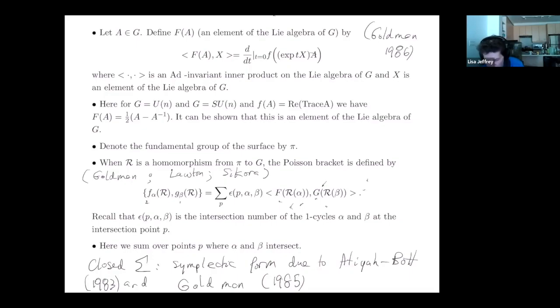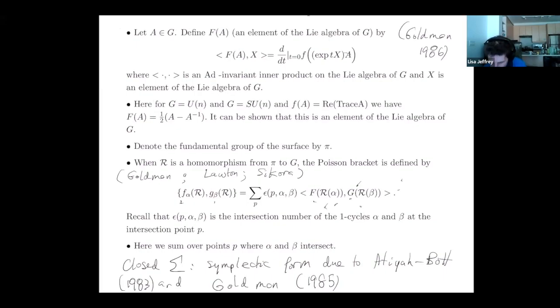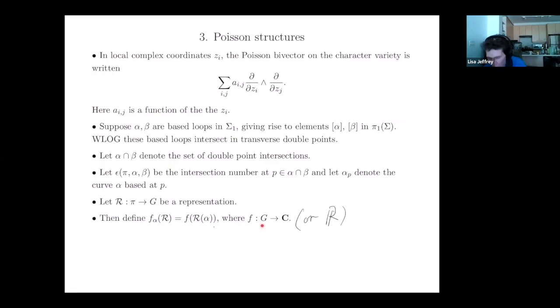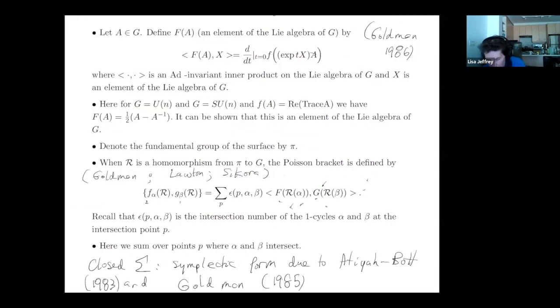The input involves functions f and g. Those are just functions from the group to the complex numbers or the real numbers. And then for any such function, you get another function which is into the Lie algebra. So I think all that I'm choosing here is the Killing form.